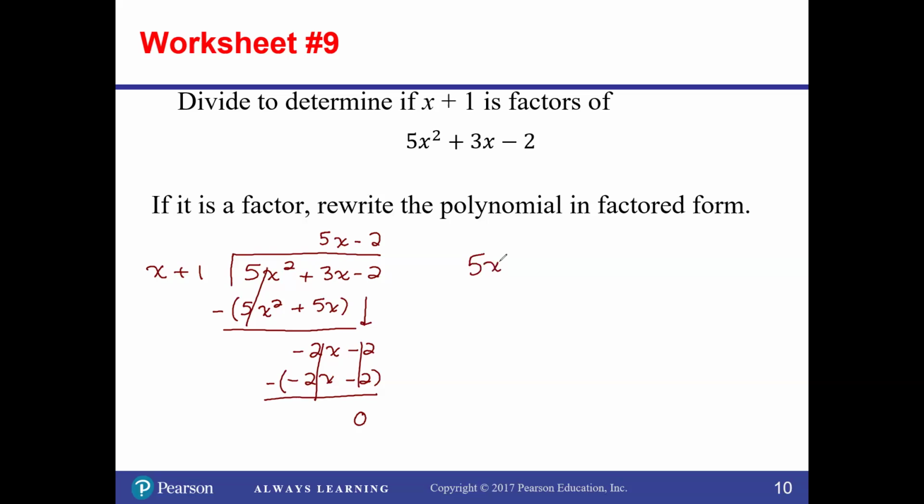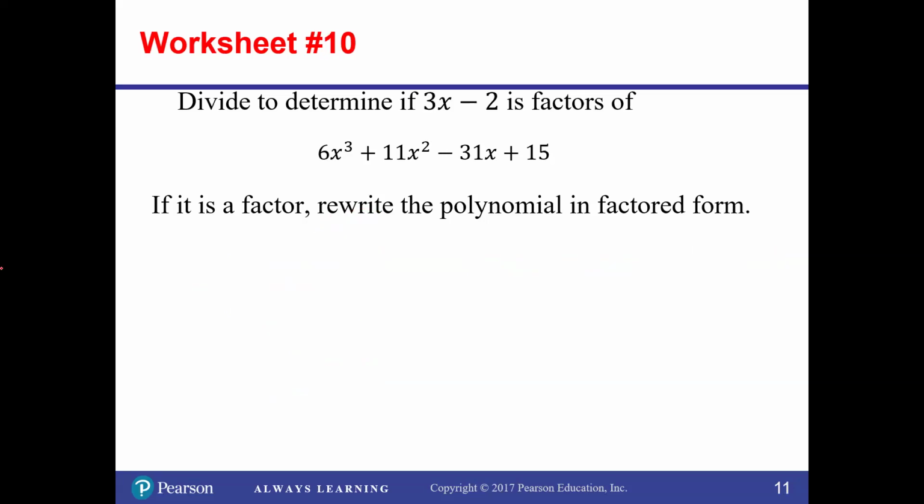This means that 5x squared plus 3x minus 2 is going to be equal to x plus 1 times this part that we factored out. So in this case, I essentially factored my polynomial completely.